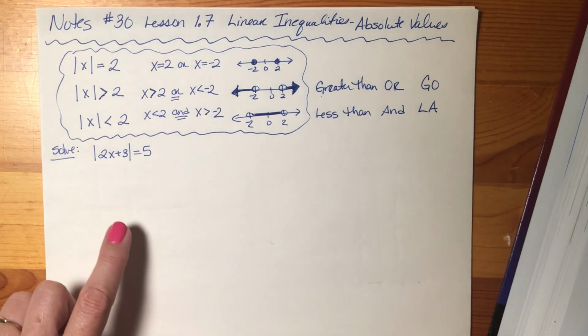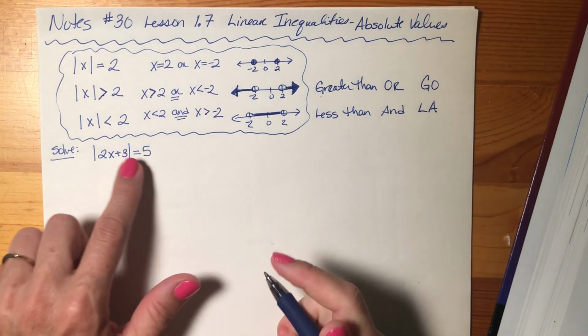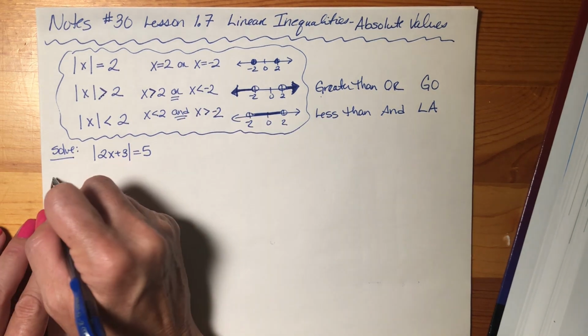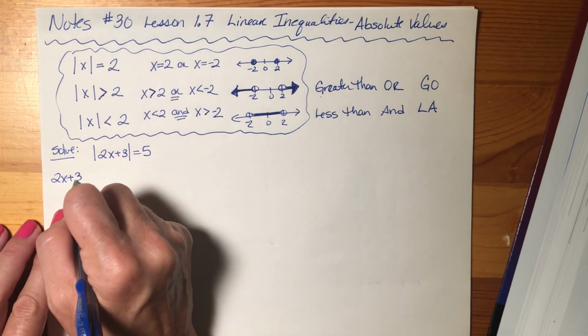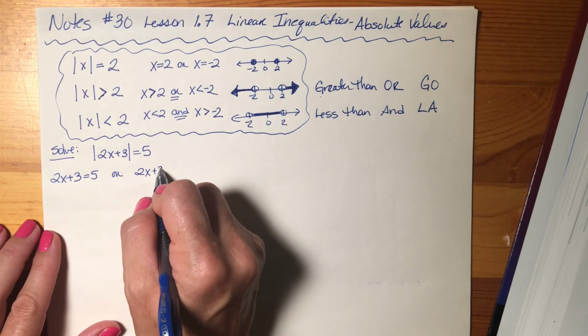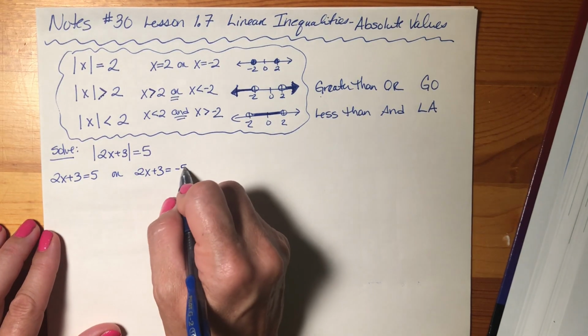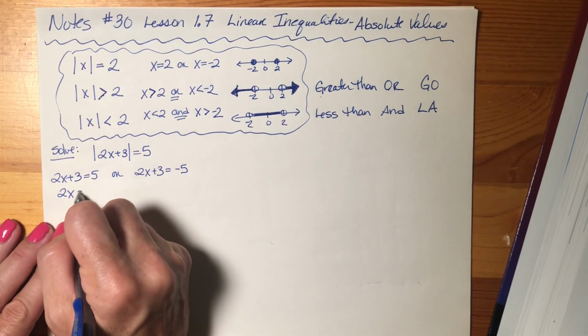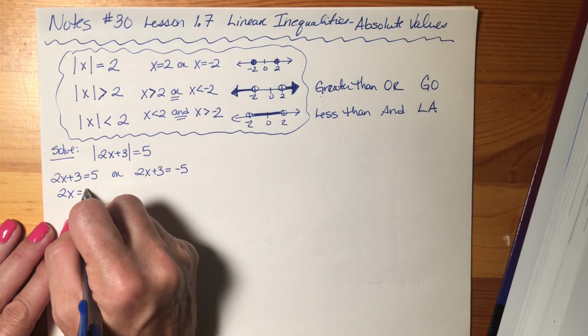All right, so looking at my first example, I have an equal to sign. So I have to think about 2x plus 3 is equal to 5, or 2x plus 3 is equal to negative 5. I need to just go ahead and solve those. 2x is equal to, subtract 3 from both sides, 2.